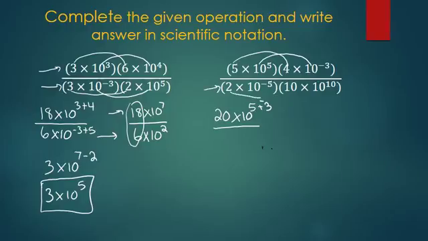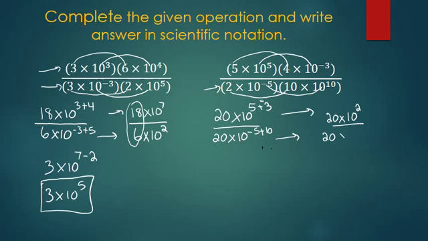So 2 times 10 is 20, times 10 to the negative 5 plus 10. All right, so now I need to rewrite both with combined exponents. So I have 20 times 10 to the 5 plus negative 3, which is 10 squared, and 20 times 10 to the negative 5 plus 10, which is 5.